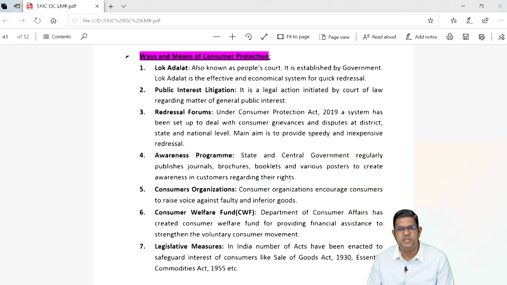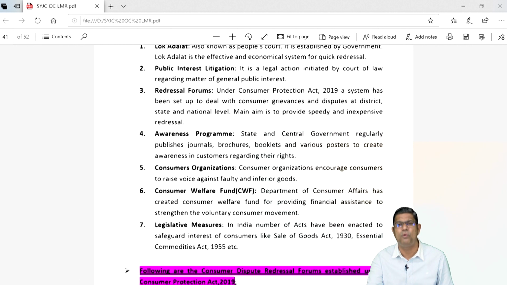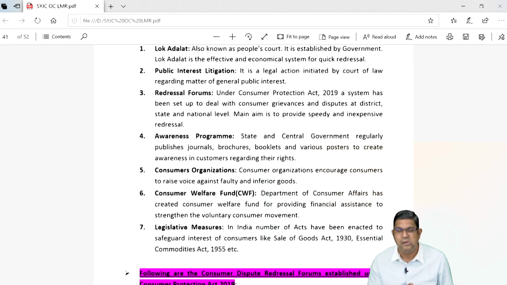And then the last one is called the legislative measures. Legislative measures means the government has enforced some laws. And these laws will see to it that a consumer is not exploited. There are some laws. The most important law is the Consumer Protection Act of 2019.